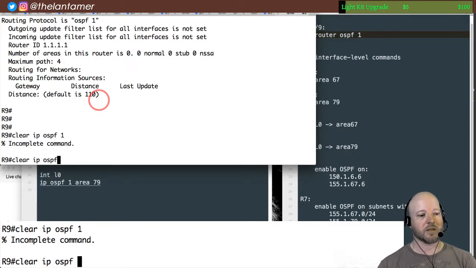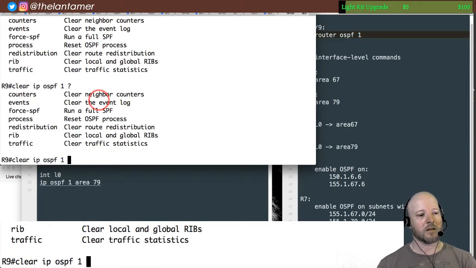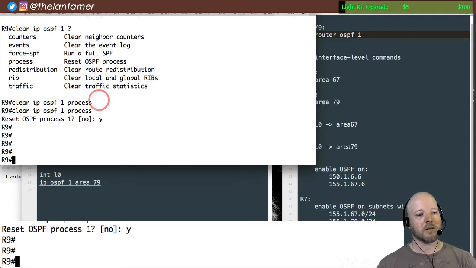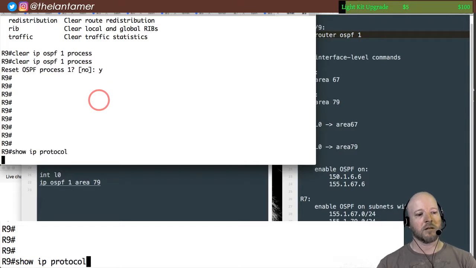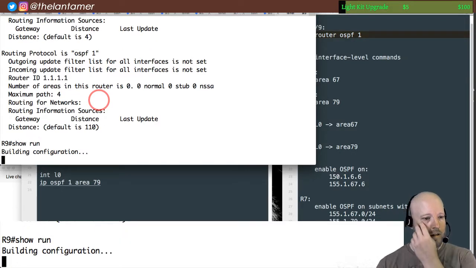This one is not dead yet. Clear IP OSPF 1 process. Still there. Why are you still there? Because you're stuck, probably.